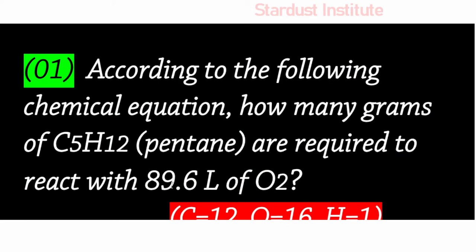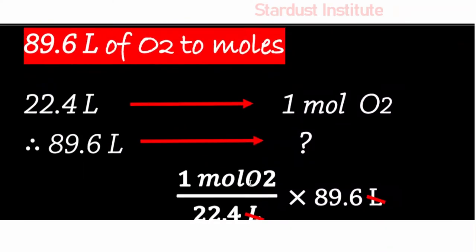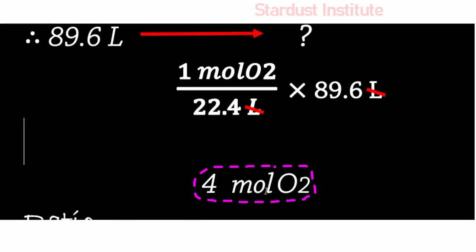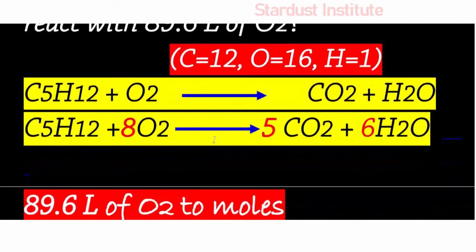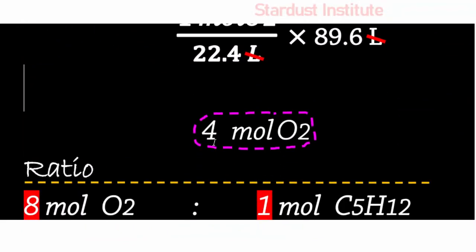This 89.6 liters means 4 moles of oxygen. We converted this 89.6 liters to moles of oxygen. It is 4 moles of oxygen.